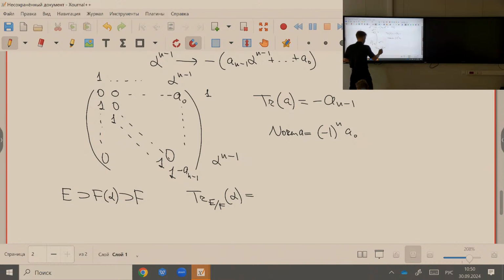E over F alpha and trace of... sorry, you first have to review that.